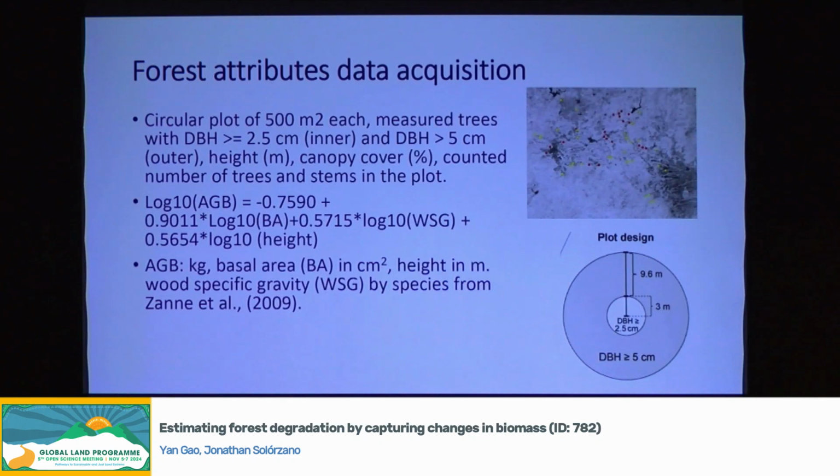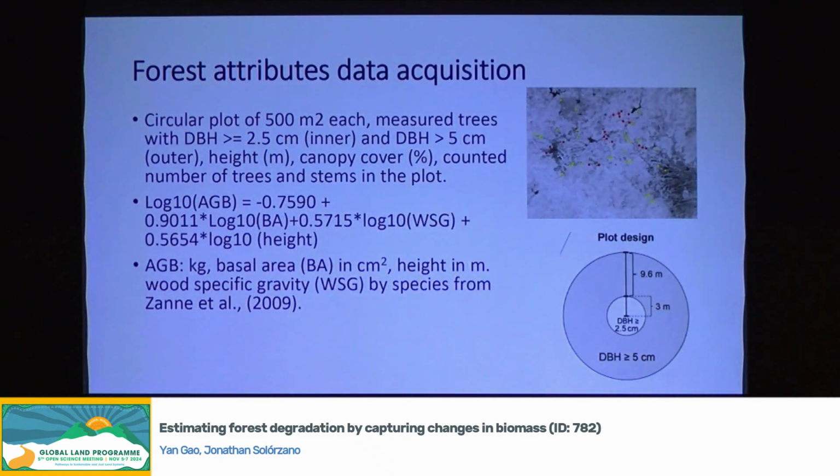So here is forest attributes data, which we obtained from the field measurements. On the right side, the lower part of the figure is our sampling map. For each plot, it covers around 500 square meters, and we divided each plot into an inner circle and an outer circle.